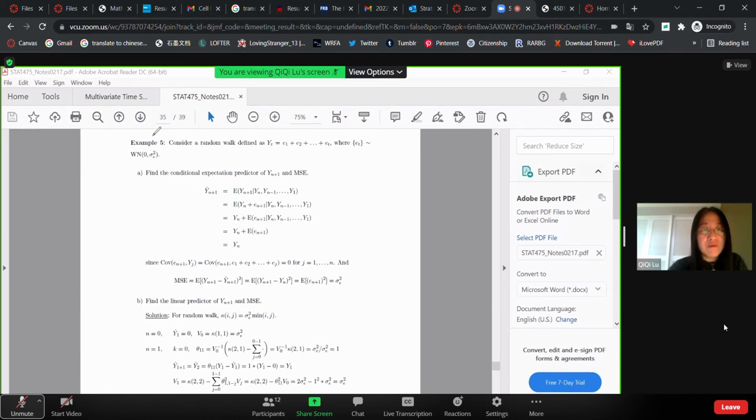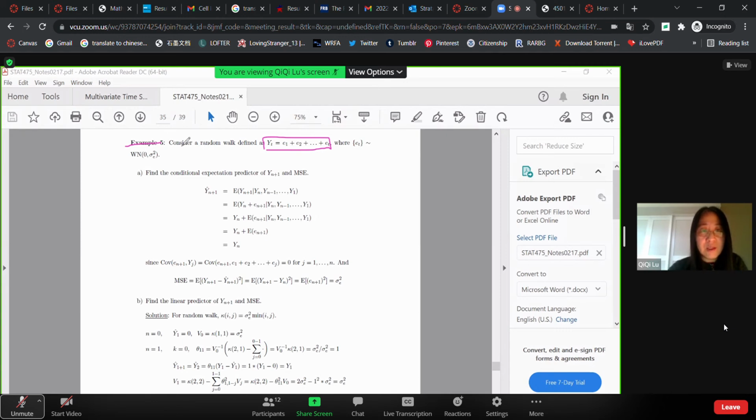Okay, example 5. Random walk here. We know random walk is non-stationary, right? If you want to find a linear predictor for a random walk, we cannot use the DL algorithm, because the DL algorithm can only be applied to a stationary time series.